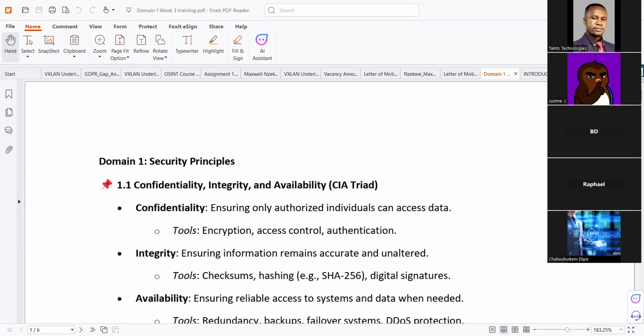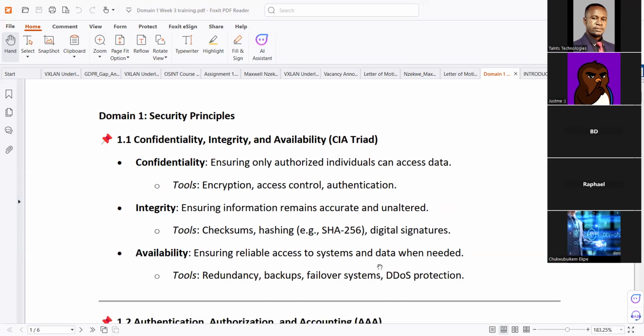These domains make up the 5 core domains in ISC Square certified in cybersecurity. These are what you are going to see in an exam. And we are going to start with domain 1, which is security principle.